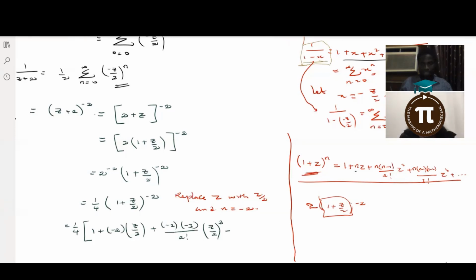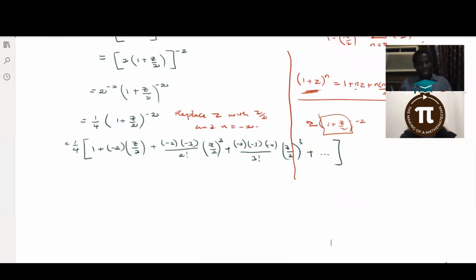Plus minus 2 minus 3 minus 4 all divided by 3 factorial, z over 2 raised to power 3, and it goes on like that. Do you understand that? Oh yeah, according to binomial.